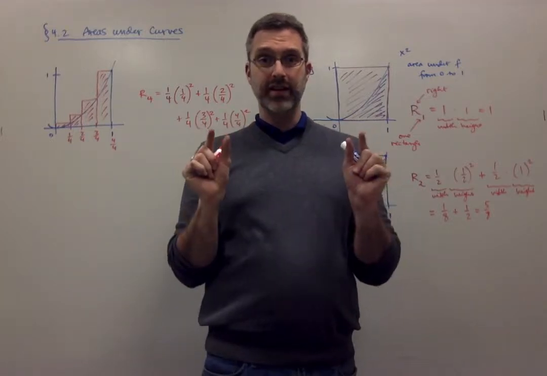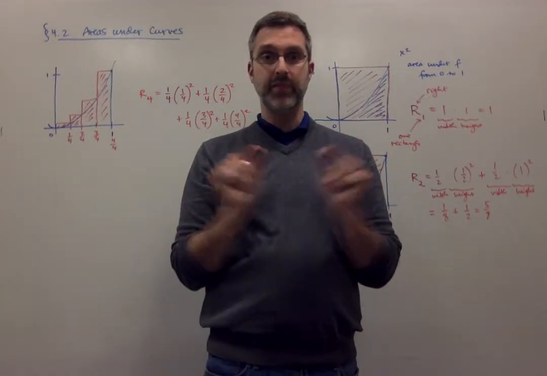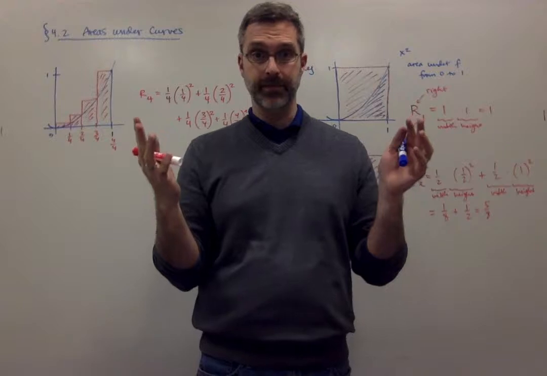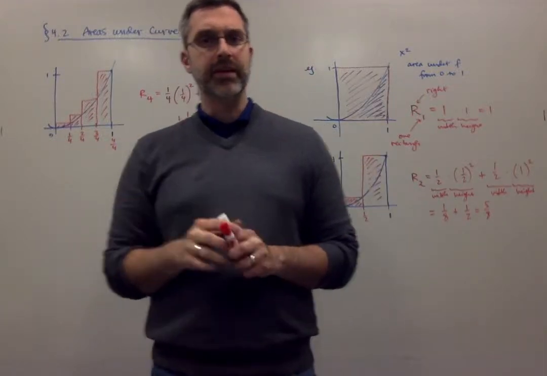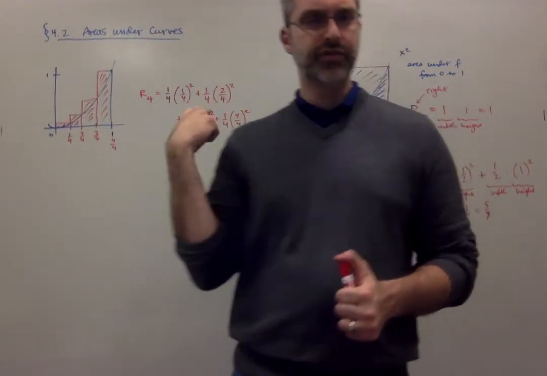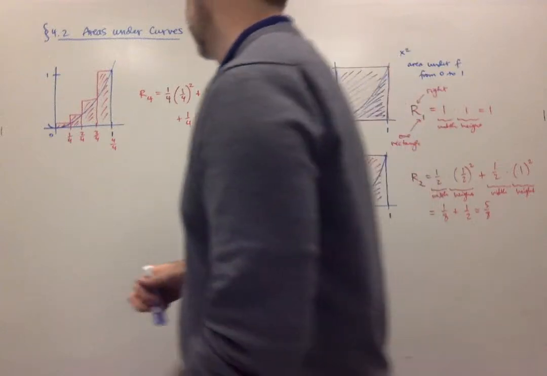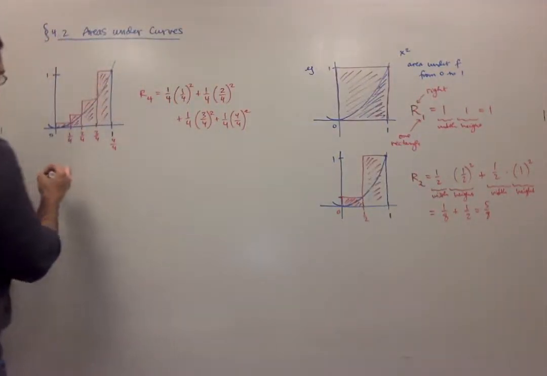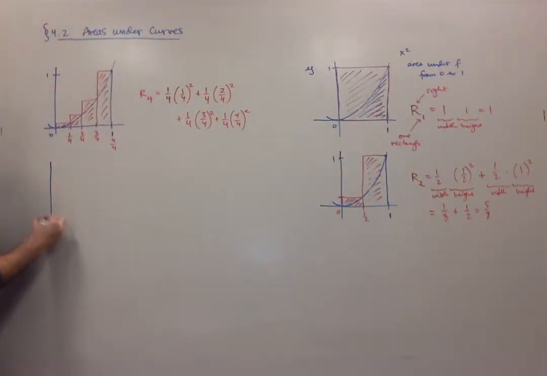It's true that the rectangles are going to get super, super small, but there's going to be more of them. So what's going to happen? Let's try that out here. Some of you may say, let's not, but I say, let's try that out here.